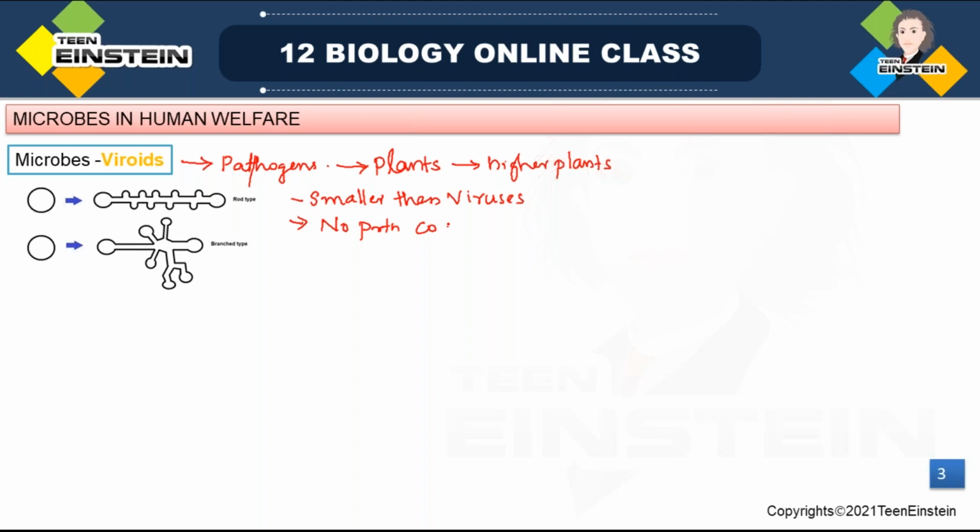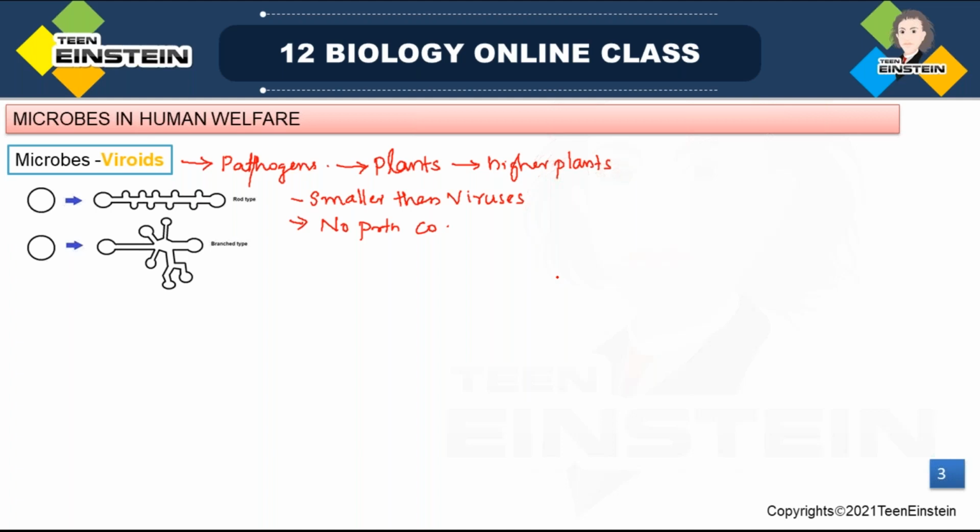So what all have we learned? Viroids are pathogens, mainly plant pathogens, and we can see them in higher plants. Mainly they are affecting the higher plants, and they are smaller than viruses. When they ask about viroids, you have to write all these points. These are the main points.